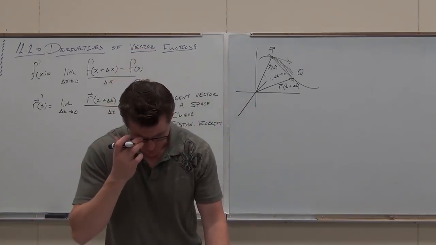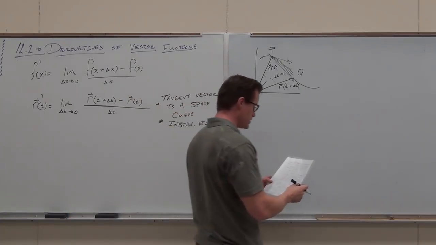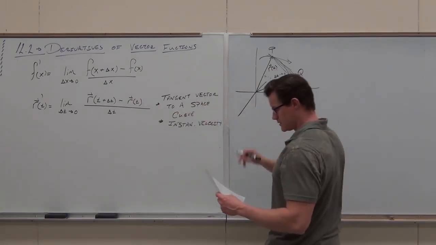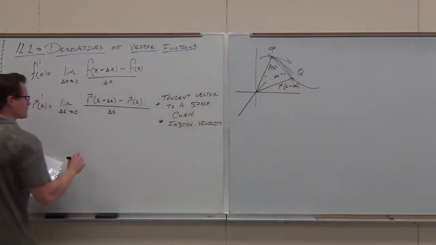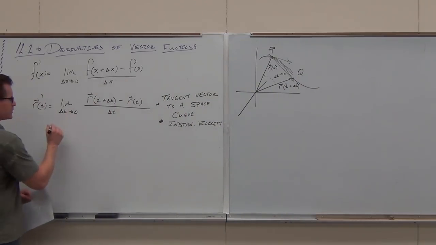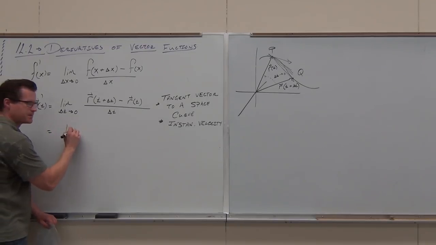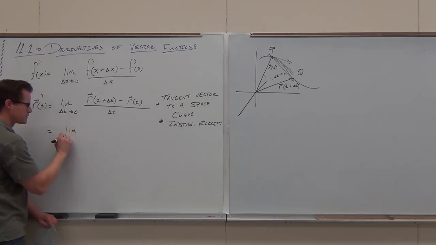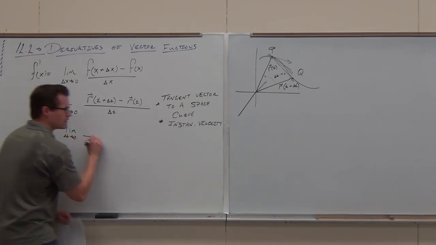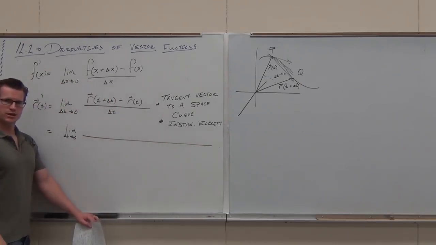So here's the whole proof. This thing is defined to be the tangent. If you want to see the proof, which you all do, of course, here you go. Look, it's very easy. Here's what vector functions really are.